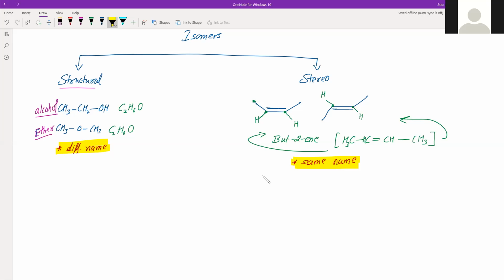About this double bond, rotation is not possible. That means one structure cannot change to another, or another to one. So we say same name plus same structure, right? But different orientation.